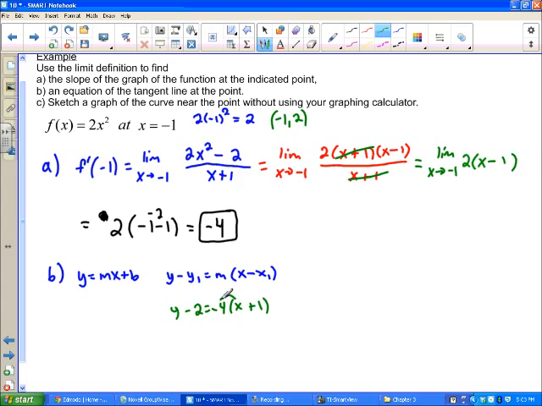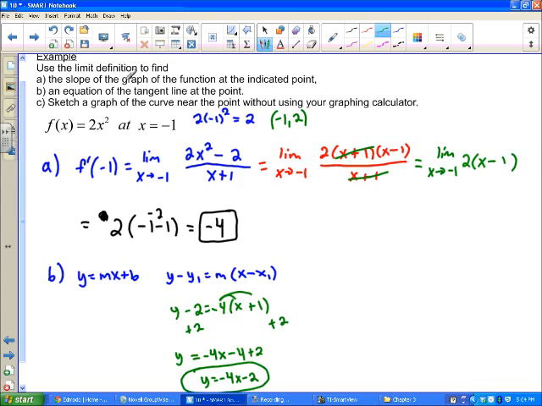You distribute and you also add 2 to both sides. So this gives you y equals -4x, -4 times 1 is -4, plus 2. So y equals -4x minus 2. So this is the equation of the line that is tangent to f of x equals 2x squared at the point x equals -1.